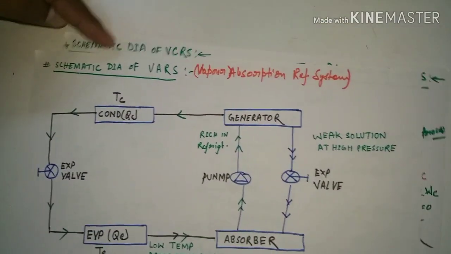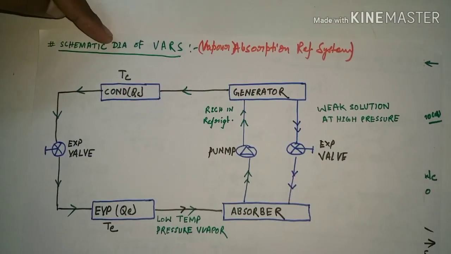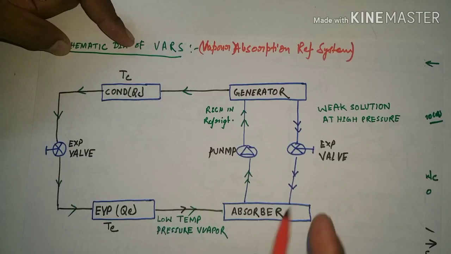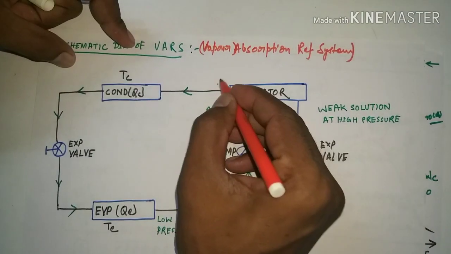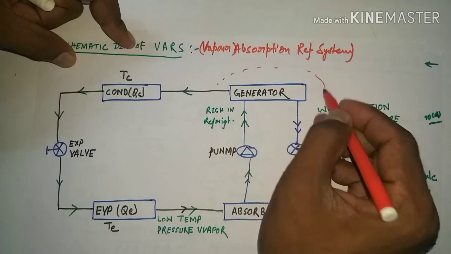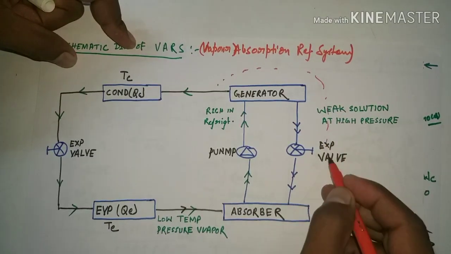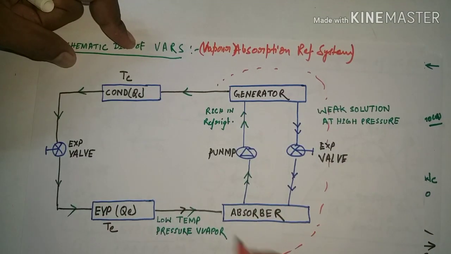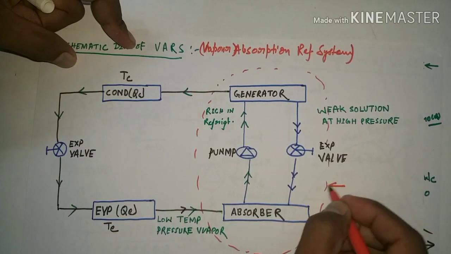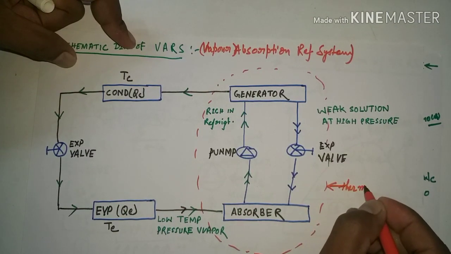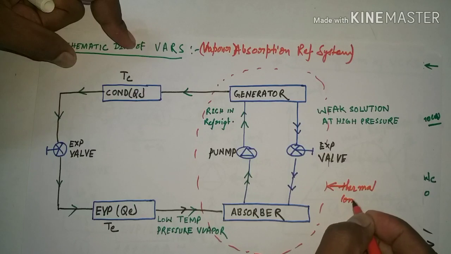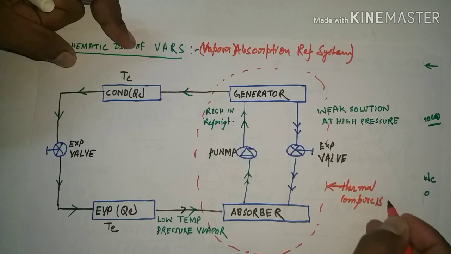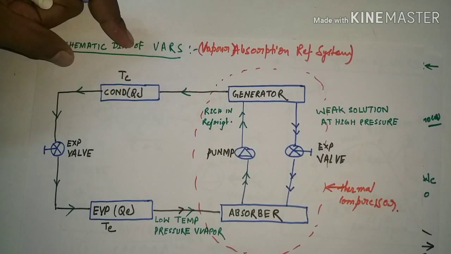But in the vapor absorption refrigeration system, instead of a mechanical compressor, we use thermal compression. This is called a thermal compressor.